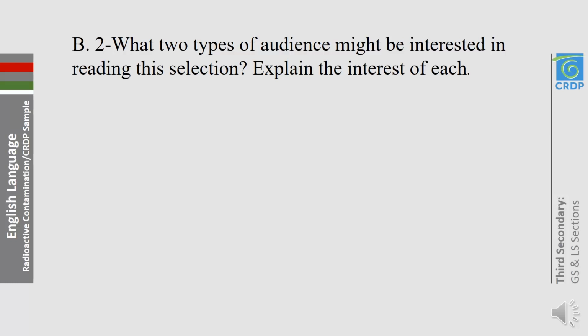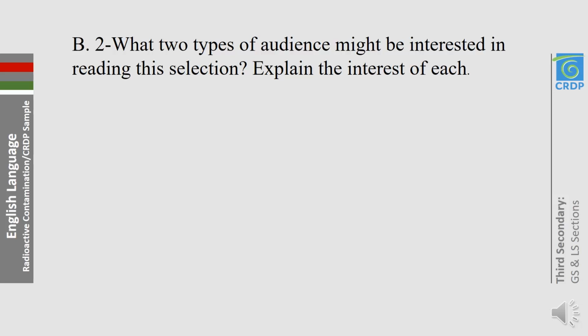We will skip question B1 and go directly to B2. What two types of audience might be interested in reading this selection? Explain the interest of each. To answer the audience question, we ask ourselves, whom does the writer address by this article, and how is this article of interest to them? Please remember to be very specific when choosing the audience.